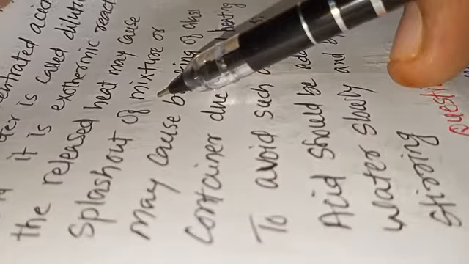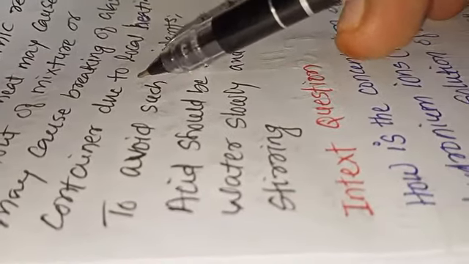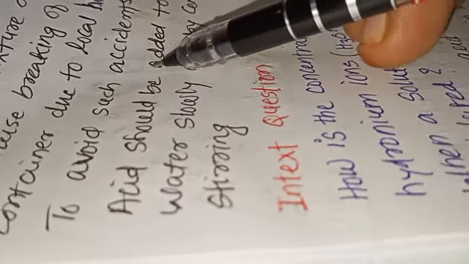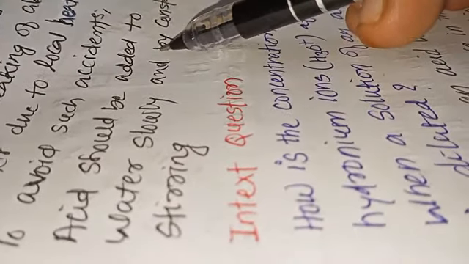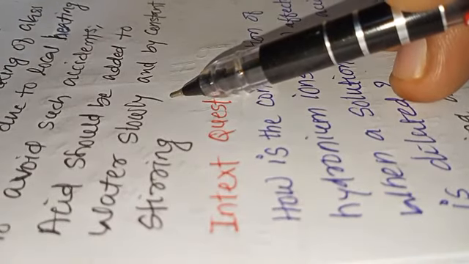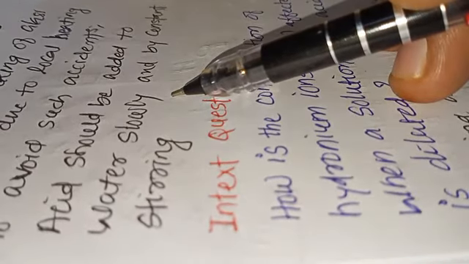The released heat may cause the mixture to splash out or may cause breaking of the glass container due to local heating. To avoid such accidents, acid should be added to water slowly and with constant stirring. This is what we have discussed, but it was an in-text question, so the point has been repeated.